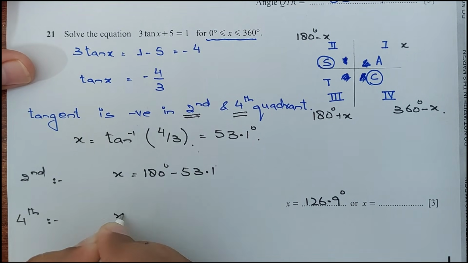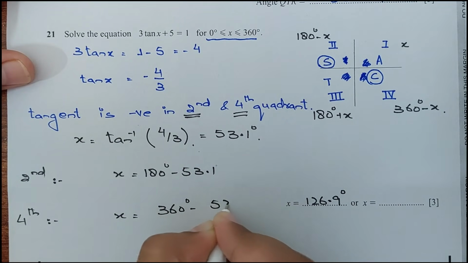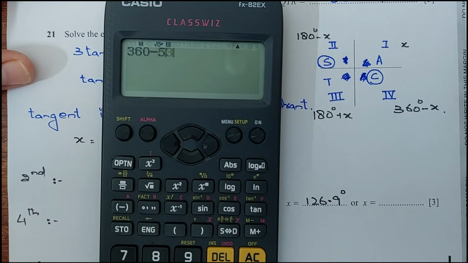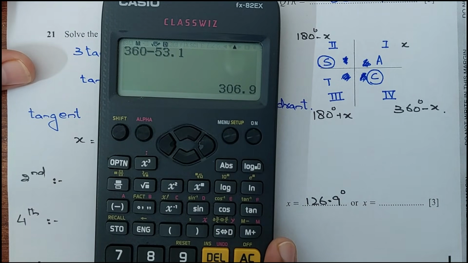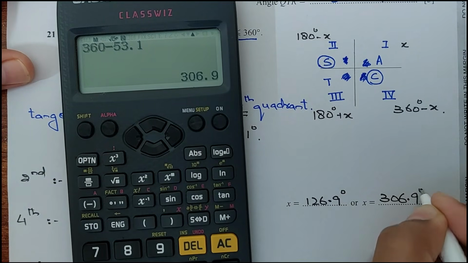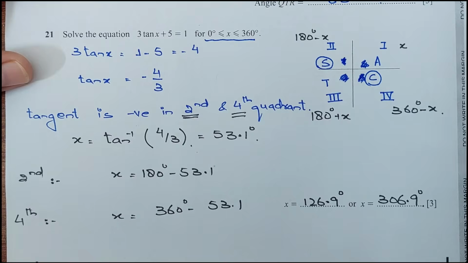For the fourth quadrant, to get x we do 360 degrees minus this 53.1, which is 306.9 degrees. So these are the two solutions which are in the range between 0 and 360 degrees.